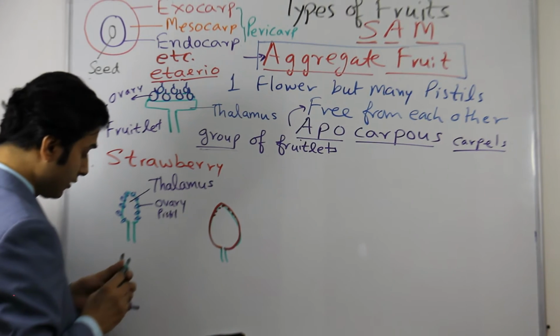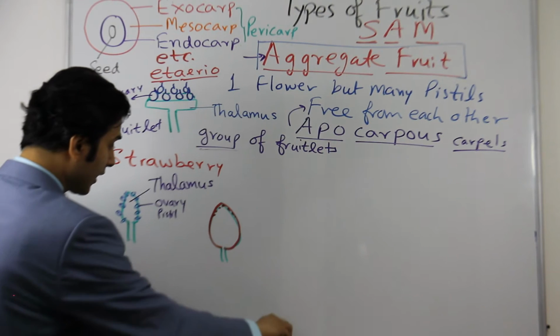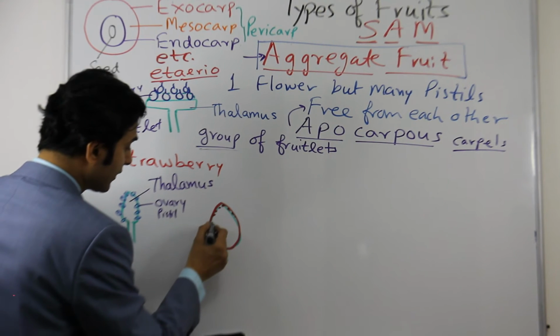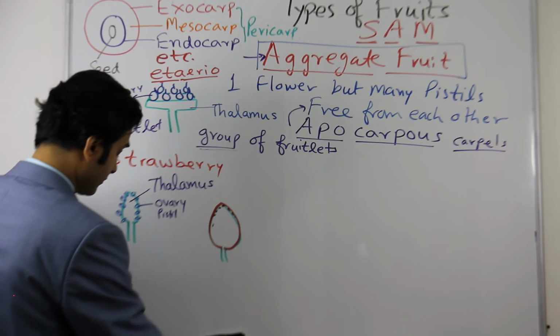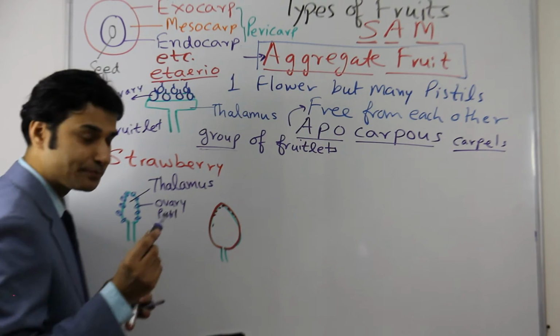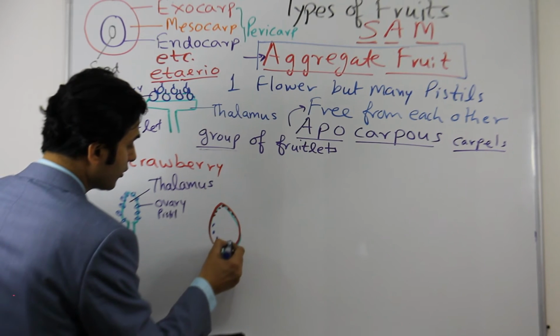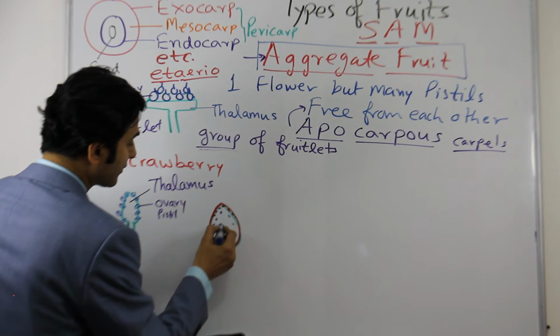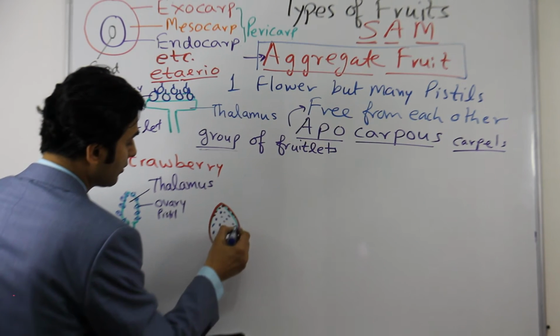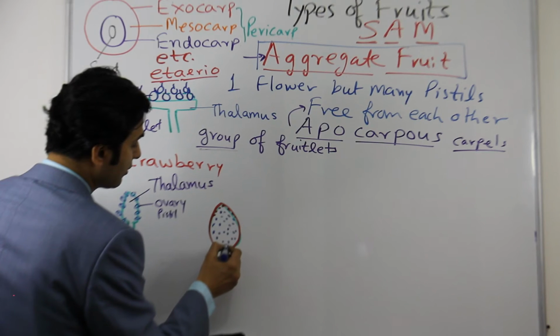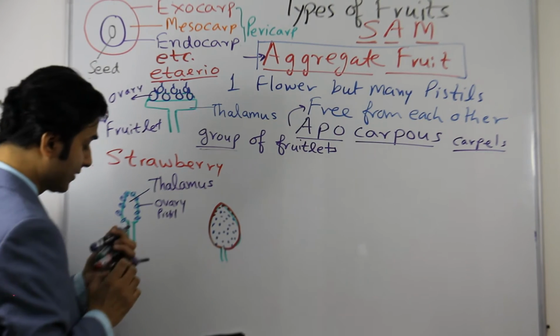You must have seen that on the surface of the thalamus there are some structures like this, dark colored structures. What are these?